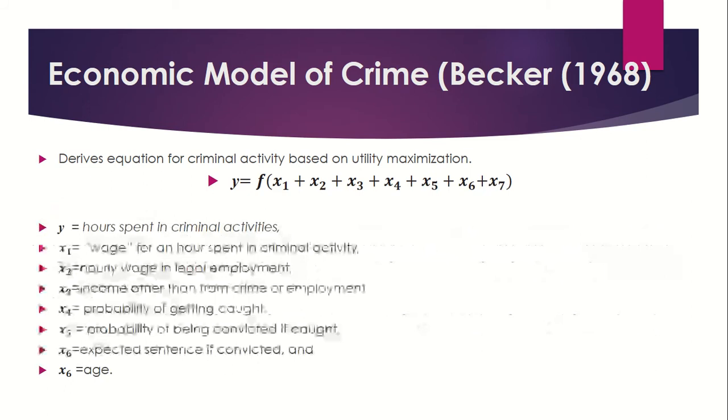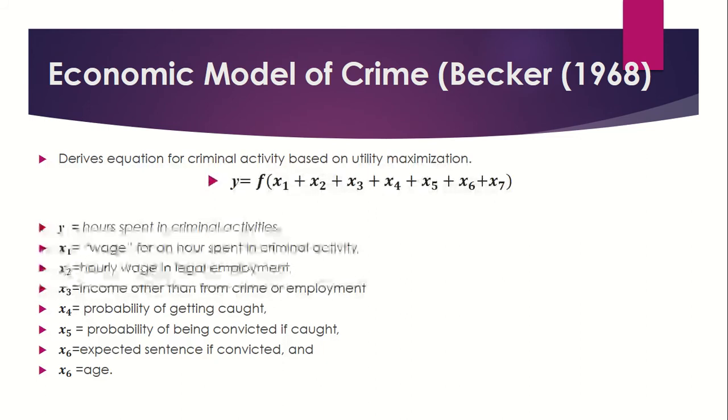Now coming towards this example of how we can construct an economic model, that is the first step of empirical economic analysis. The example we are taking here is the economic model of crime, which was presented by a Nobel laureate, Becker, in 1968.